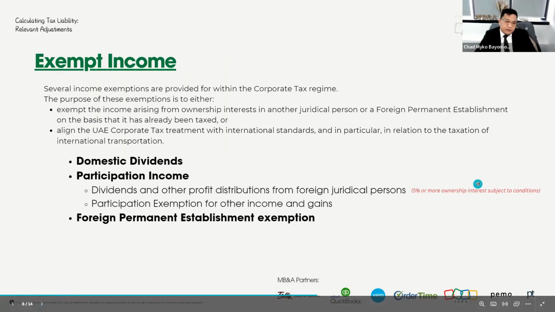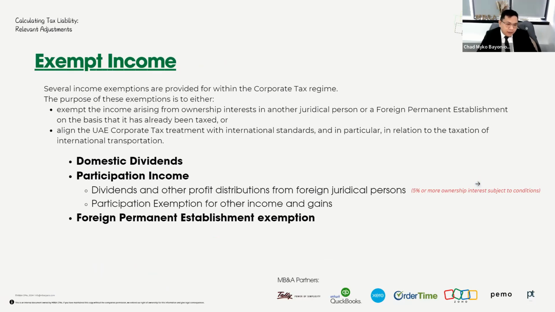So next, we'll have to discuss exempt income. So actually, for corporate tax purposes, normally for the exempt income, as what we have done during our accounting income reconciliation, it will be based on whether we have gross taxable sales, and we have on our accounting income our sales, our other incomes, and our other comprehensive income.